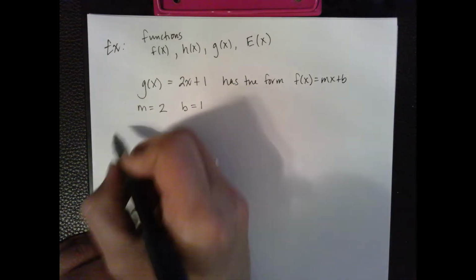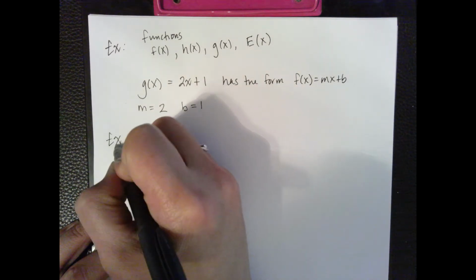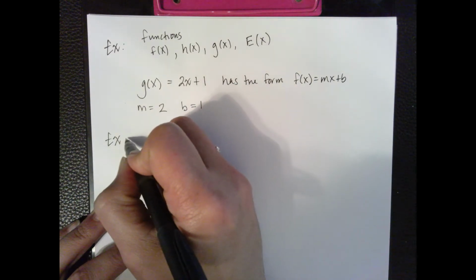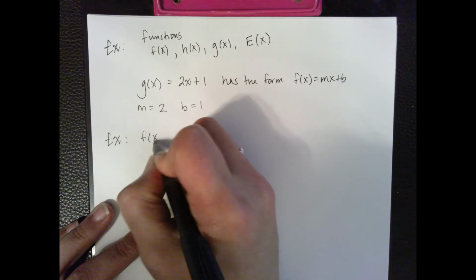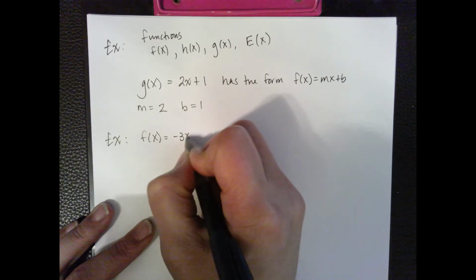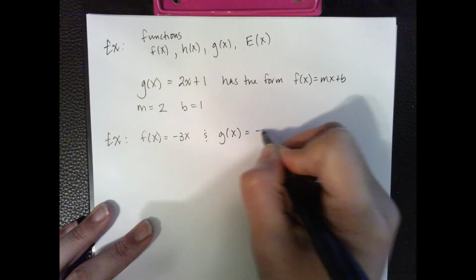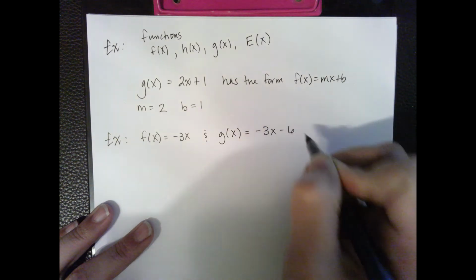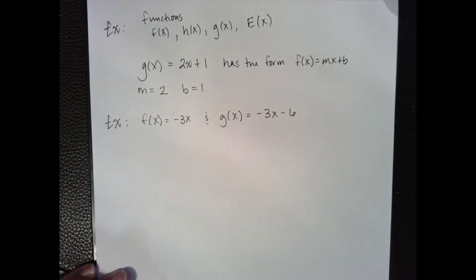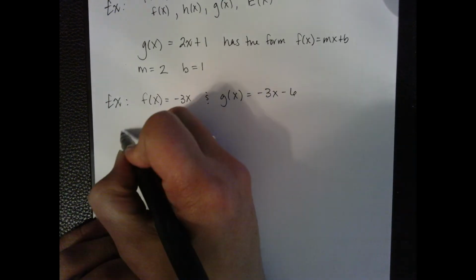Okay, so another example. Suppose I had two equations, f of x equals negative 3x and g of x equals negative 3x minus 6. If I wanted to graph these two lines, I could have a t-chart.